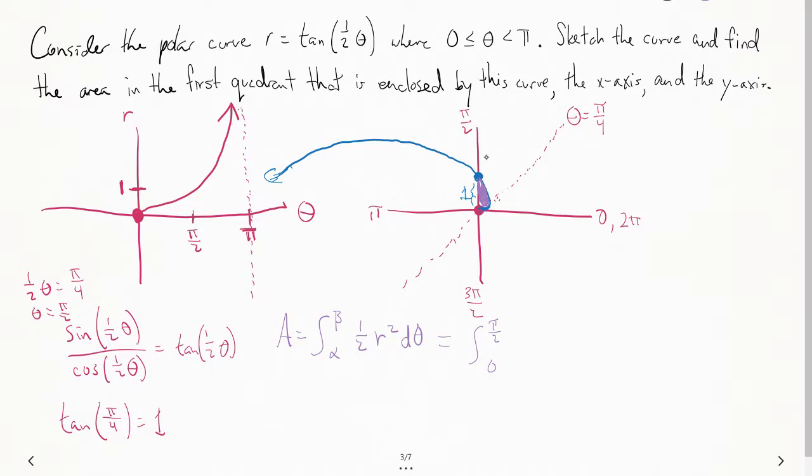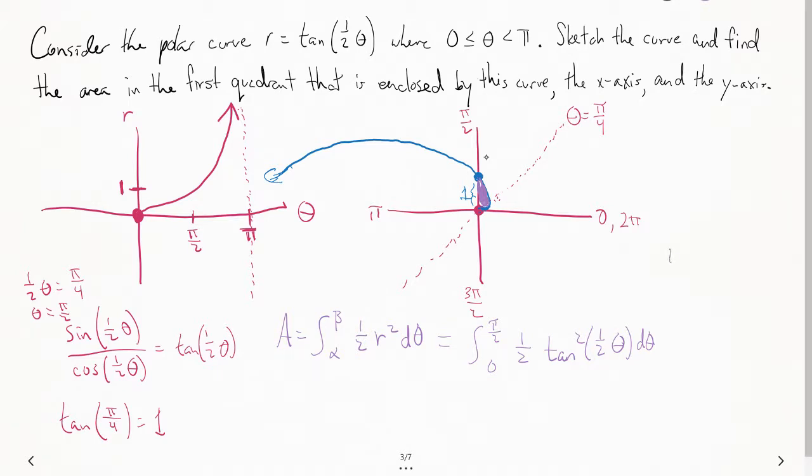Okay, so we go from 0 to pi over 2, and then what do we want? Well, we want 1/2 r squared d theta. So r squared would be tangent squared of 1/2 theta d theta, right?